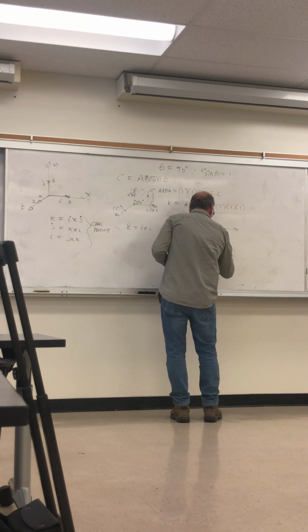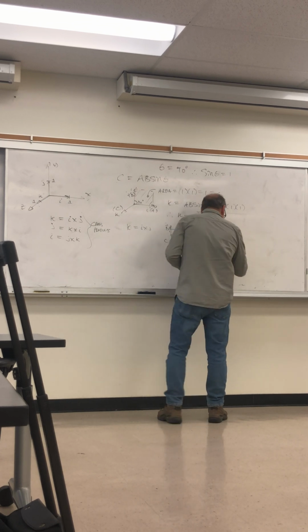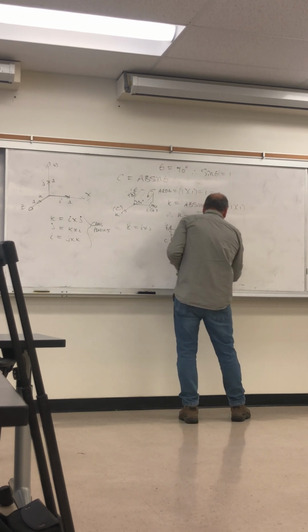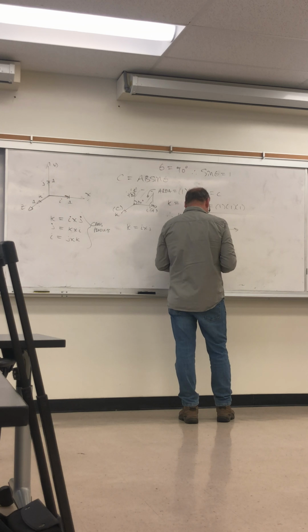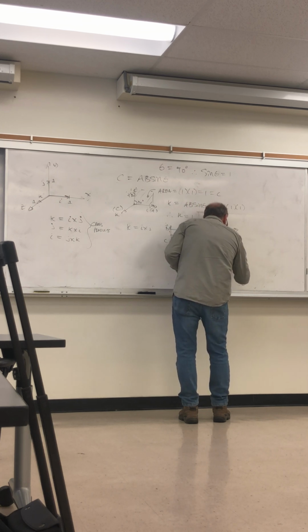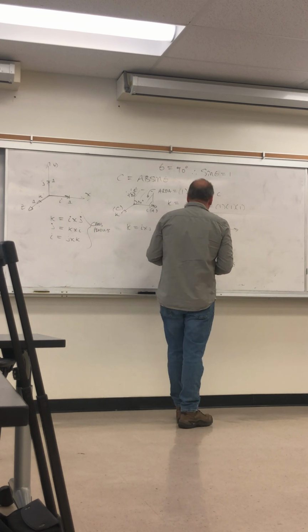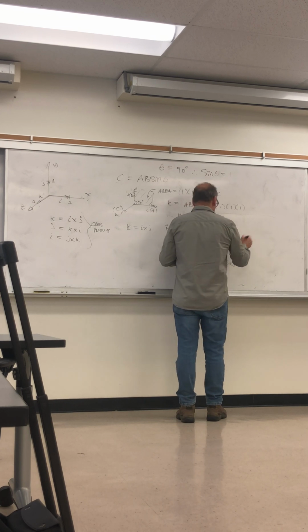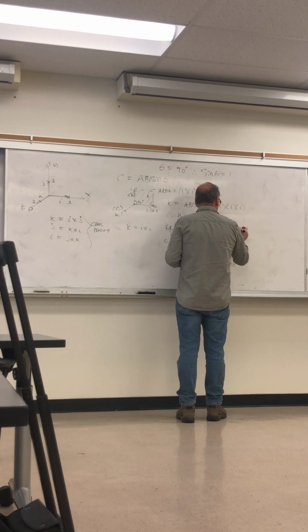Now let's look at J, is K cross I. And C is AB sine theta. So I have I, which is equal to 1.